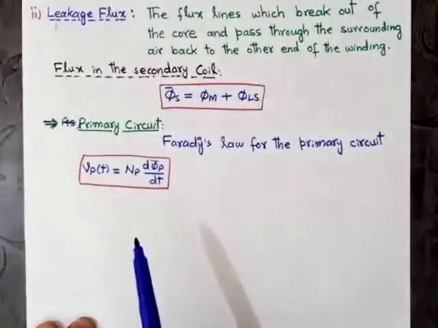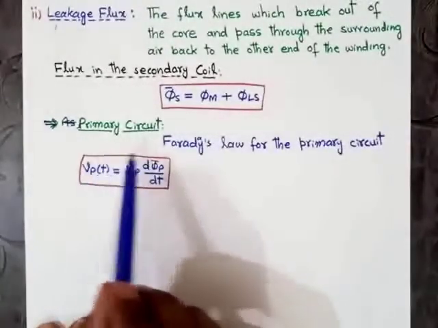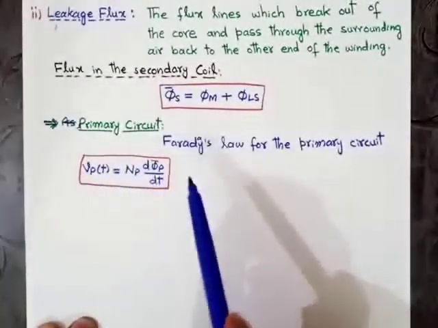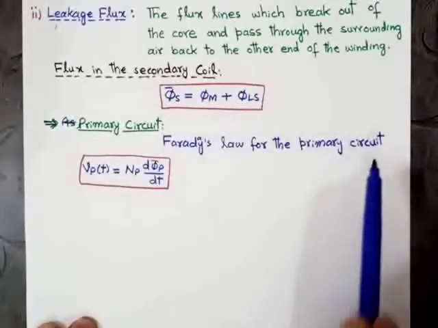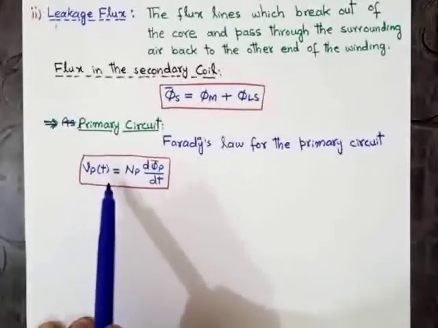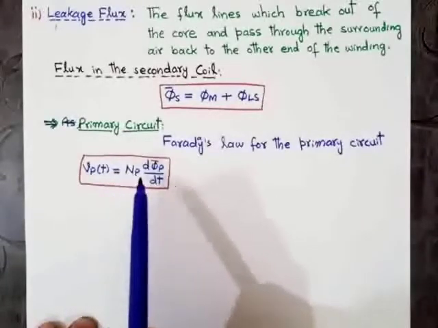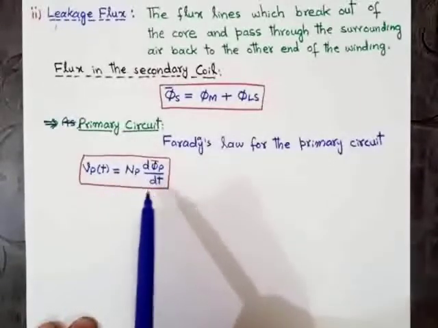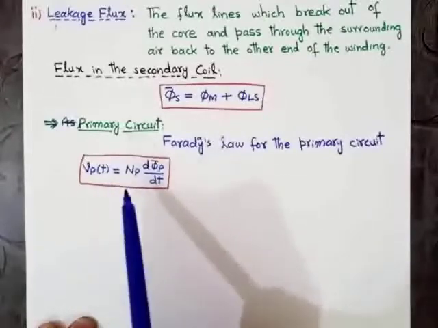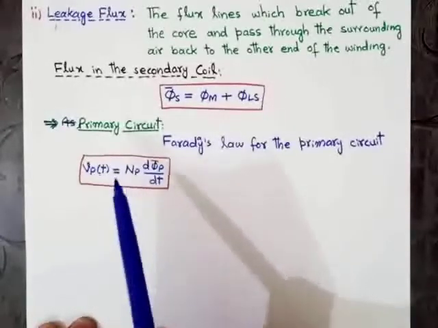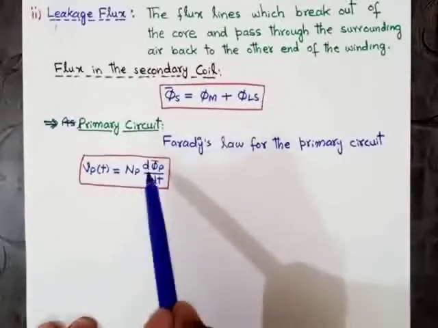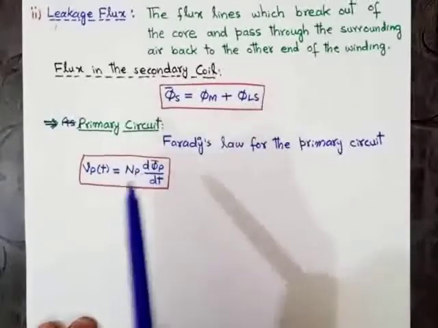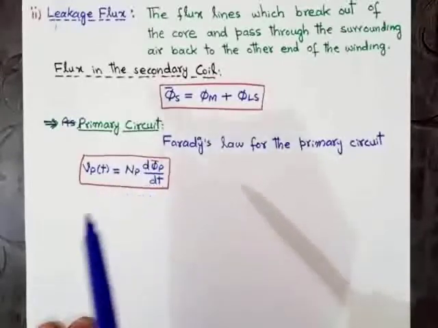First of all, we will solve the primary circuit. According to Faraday's law of electromagnetic induction, for the primary circuit, Vp(t) will be equal to Np times d phi p dash over dt. As we have already discussed, Np is the total number of turns across the primary circuit and phi p dash is the average flux per turn in the case of a real transformer.